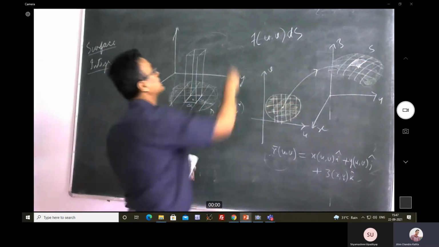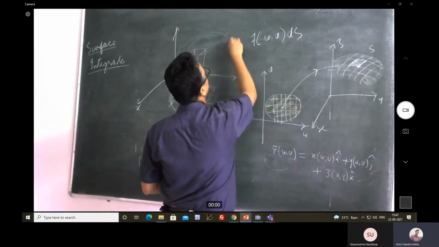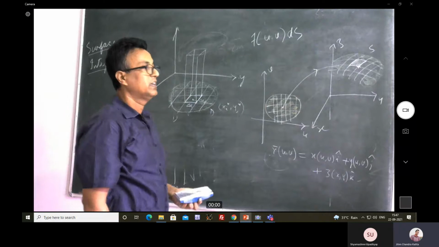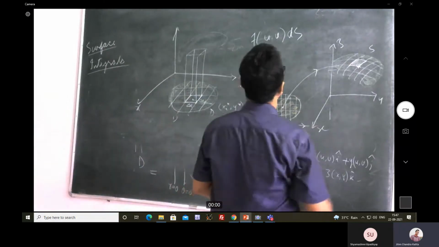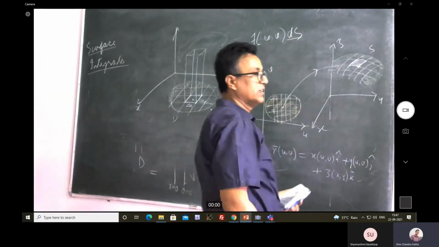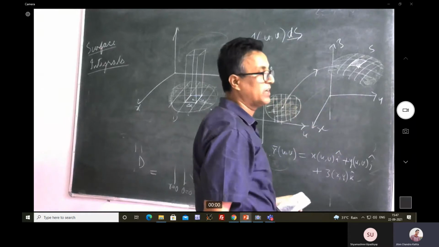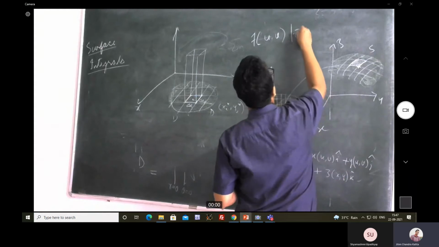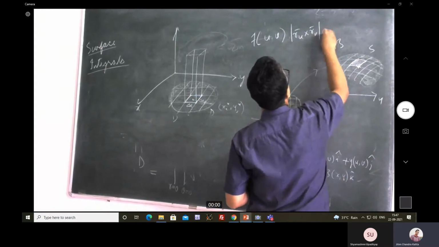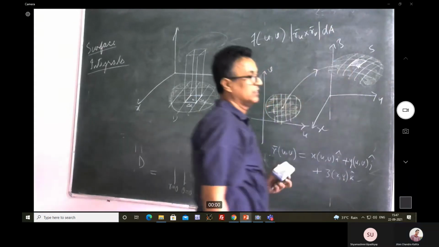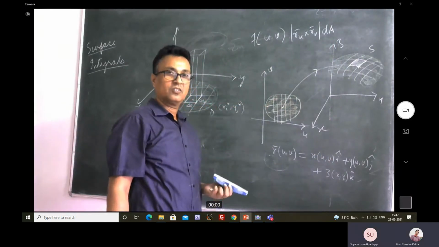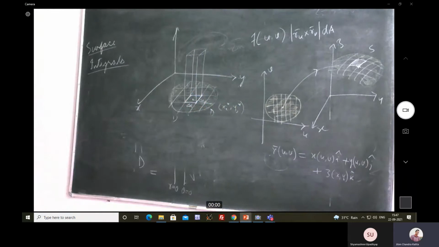That's it. Other than that, everything is going to remain the same. Is it okay? Fine. And then this dS, you know how to find the area, we have already found it. So this dS is simply going to be your r_u cross r_v dA. Isn't it? Is it okay? Yeah. Fine. Once I show you this, it will be more clear to you.